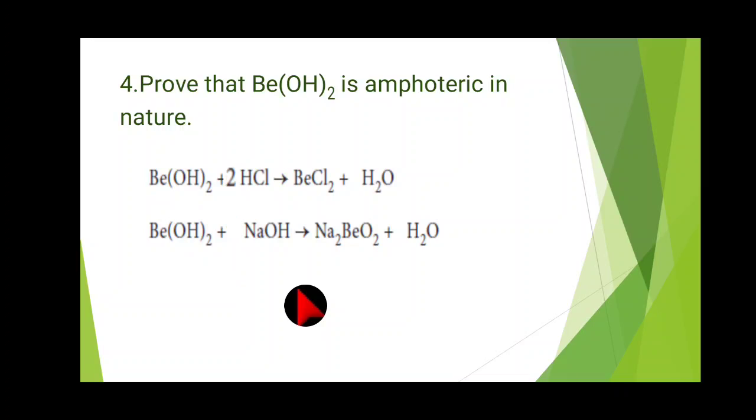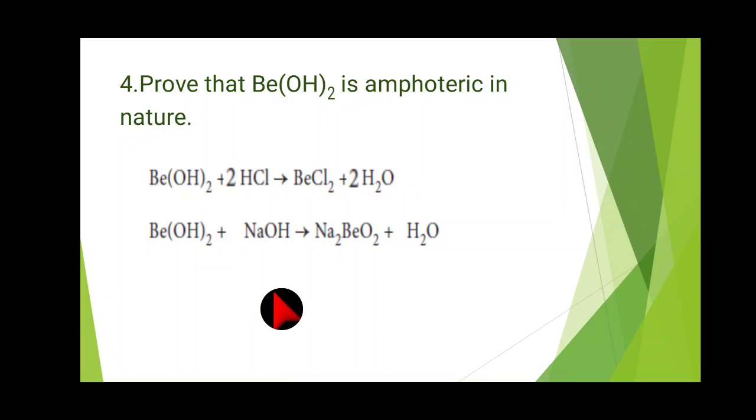Then hydrogen: we count 2 hydrogen, and in Be(OH)2 also 2, so 4 hydrogens are on the left side. The right side has only 2, so make it 2 H2O. Now oxygen is also balanced. The first equation is balanced. Second equation: right side Na2, left side only 1.